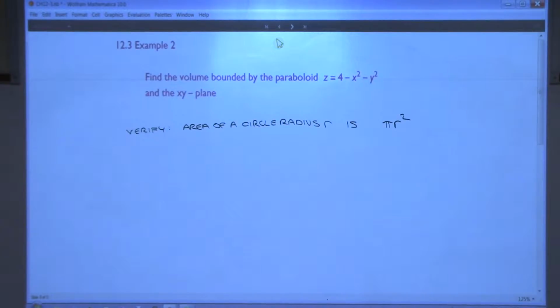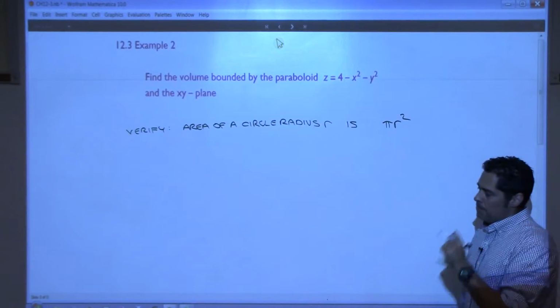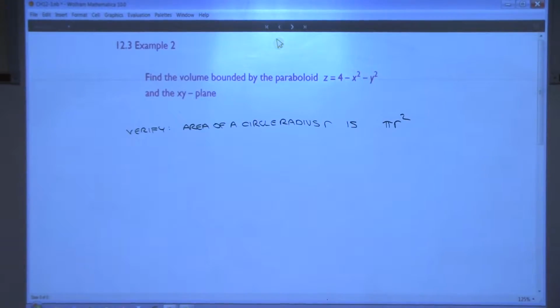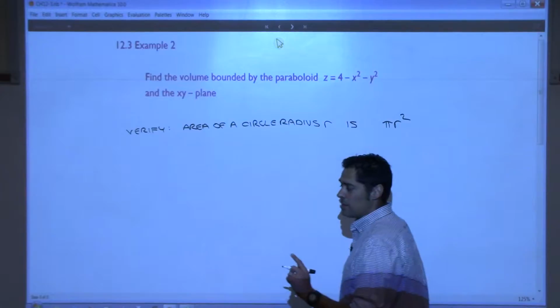We all know that the area of a circle is pi r squared. Those of you who've had me for Cal 2, I verified this in Cal 2, but we did trig sub to do it. We're going to do it with a double integral now. So one thing we have to remember is something we talked about last class.